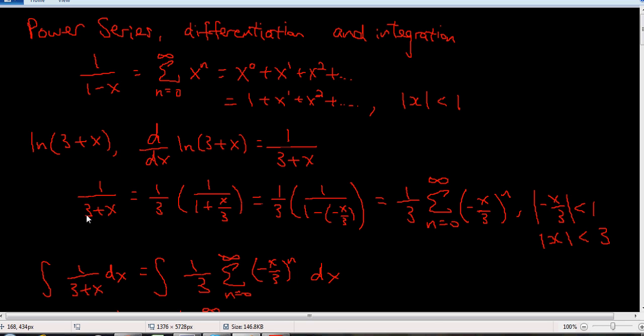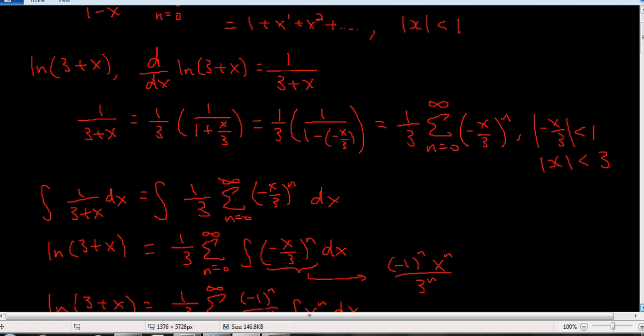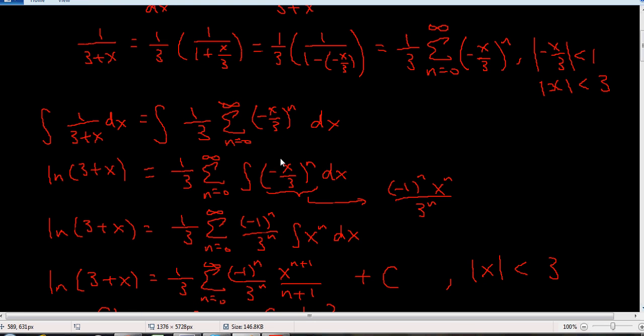Well, if I integrate 1 over 3 plus x, I know I get back ln of 3 plus x, which is what we're looking for in the first place. So I do exactly that. I integrate both sides. Perhaps the trickiest part is knowing that you can move the integral inside the sum, and then you pull out the parts that aren't relevant to x. -1 to the n will just be a constant, 3 to the n will just be a constant, and you can factor these out.